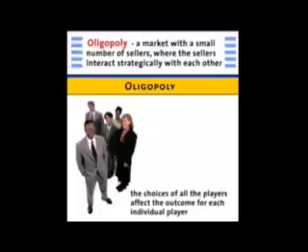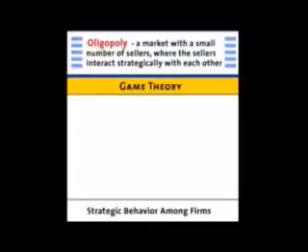But one thing economists tend to agree upon today is that any description of strategic behavior among a small number of firms is probably best described using what we call game theory. In this lesson, I'll introduce you to game theory, giving you an exposure to the most basic game of all, the prisoner's dilemma.